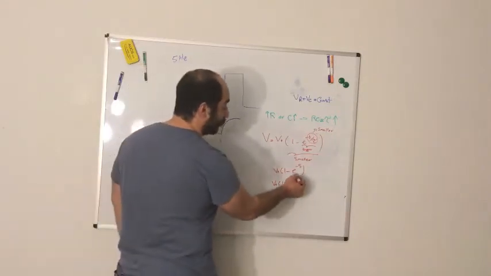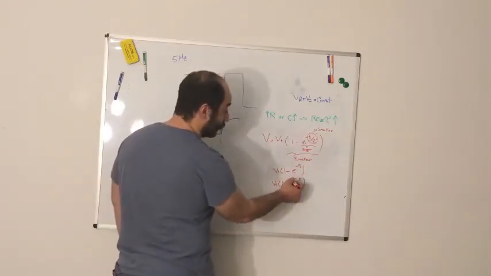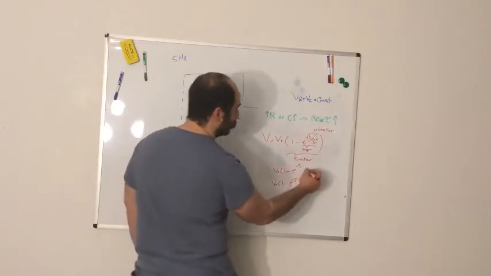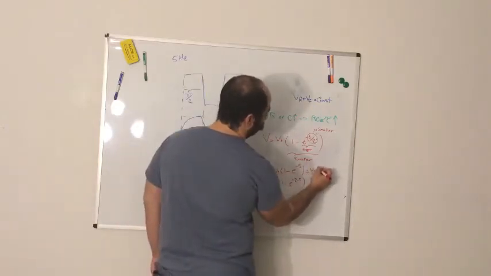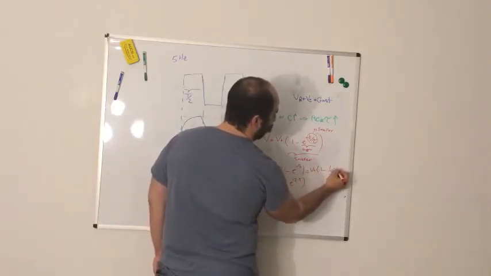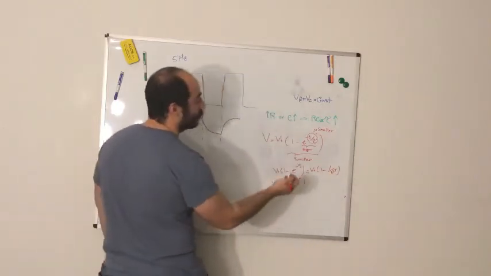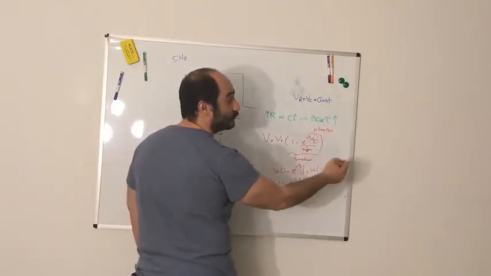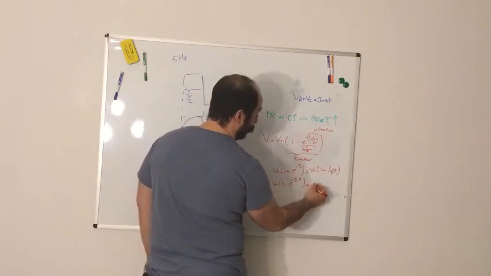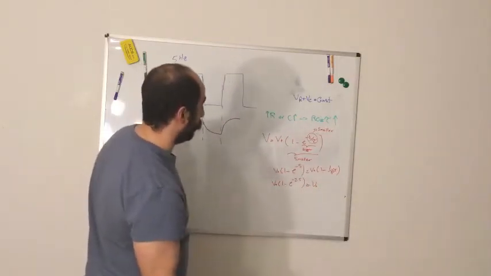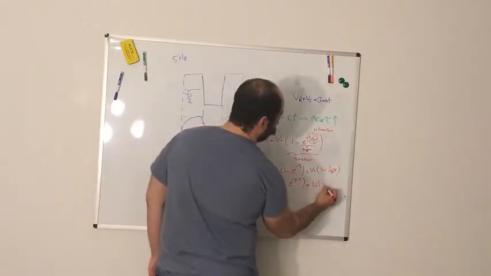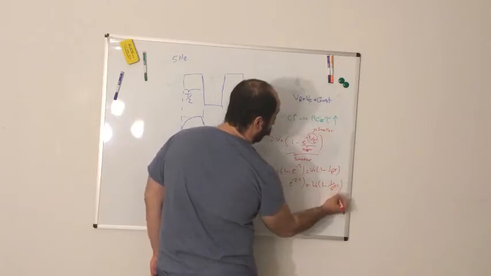So this term right now is actually larger because V naught, you can write it V naught times 1 minus 1 over e to the 5, or e to the 2.5.